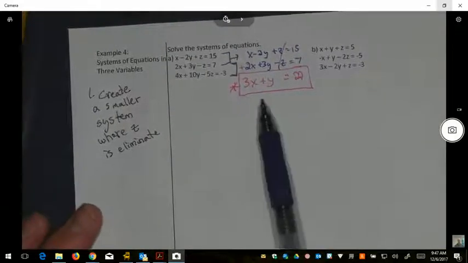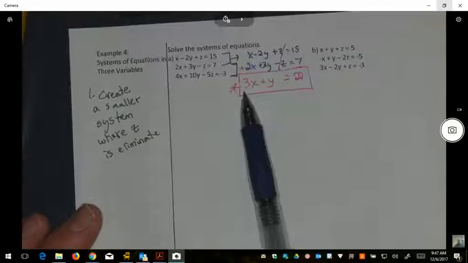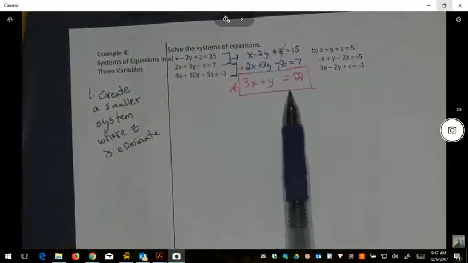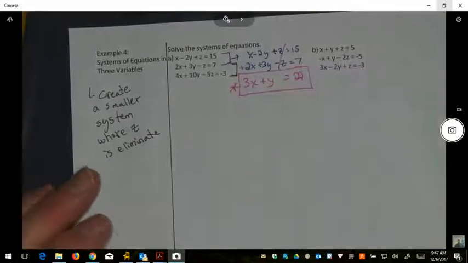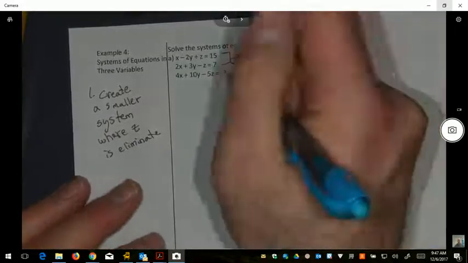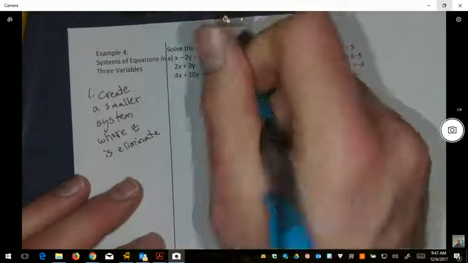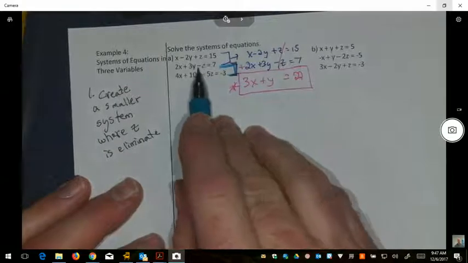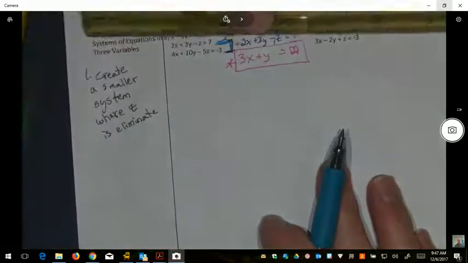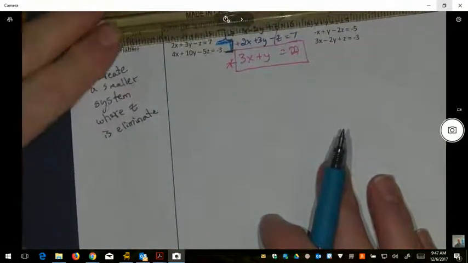But I have 2 variables here, so how many equations do I need to solve a system with 2 variables? 2. So I'm going to now look at these bottom 2 equations. I'll do that in blue. What do I need to multiply to get the z's to be opposites? -5 to that middle equation.